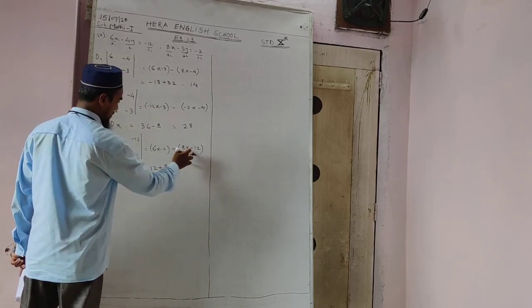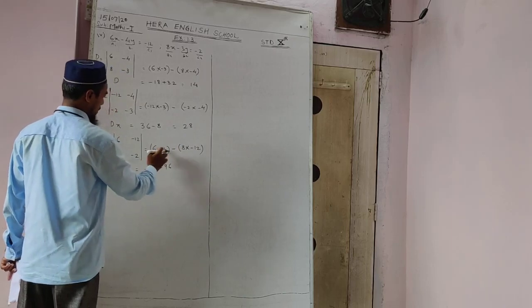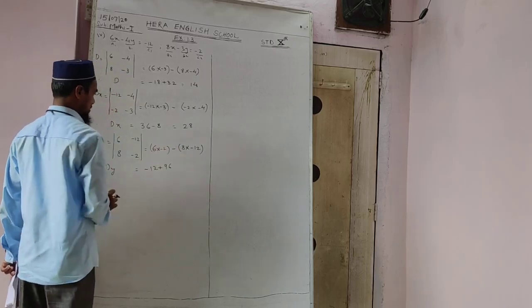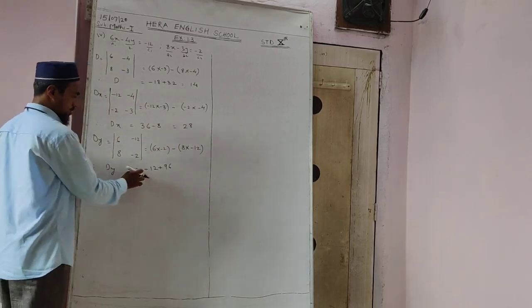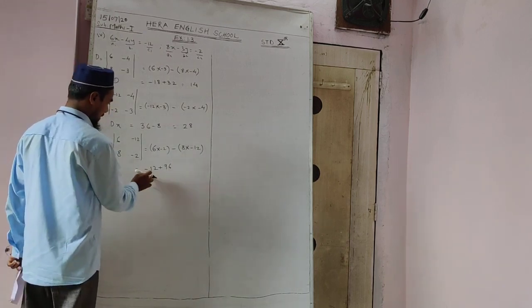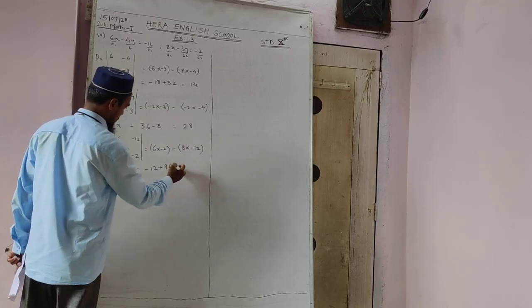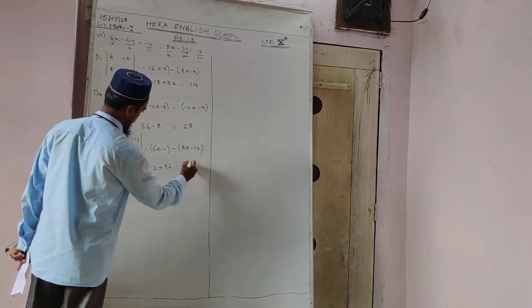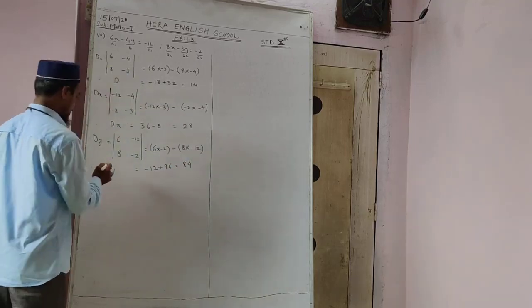So minus 12 and plus 96: subtract 12 from 96 and you get 84. That is Dy.